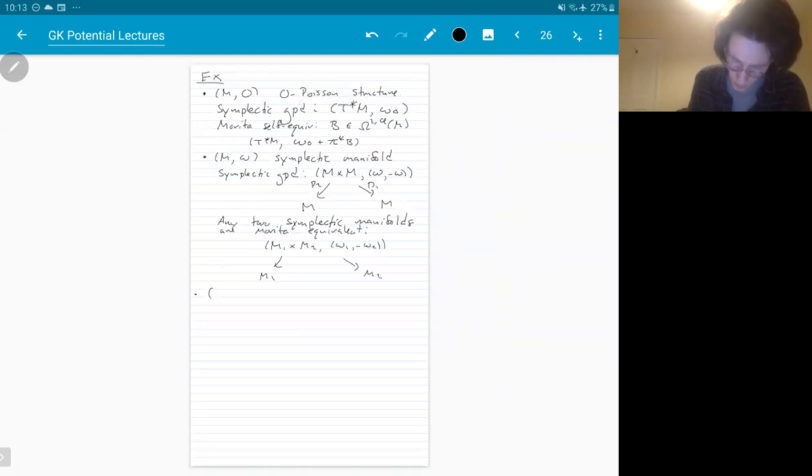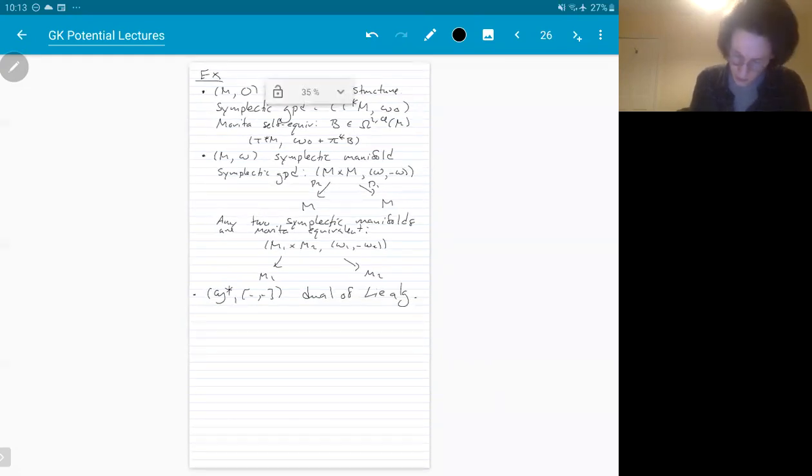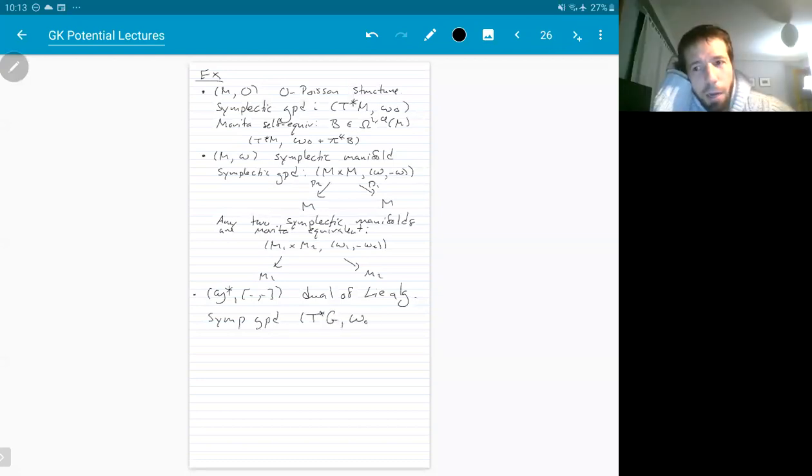If you have the dual of a Lie algebra, then the symplectic groupoid is given by the cotangent bundle. Sorry, Francis, I'm a bit confused.